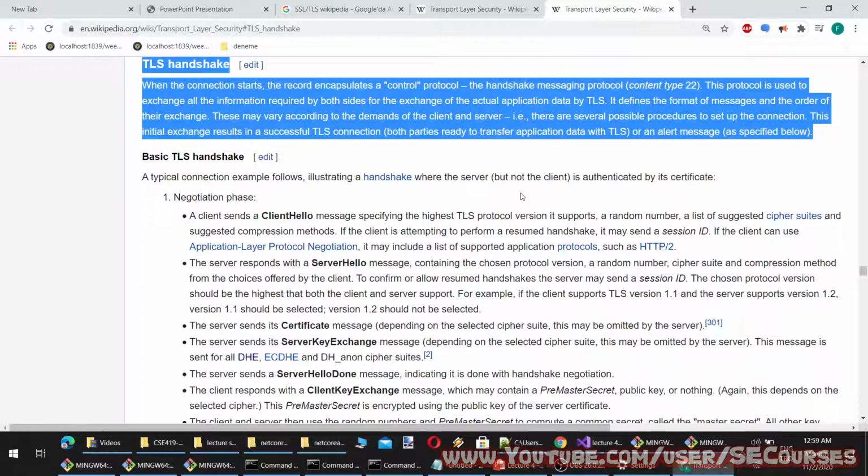It defines the format of messages and the order of their exchange. These may vary according to the demands of the client and server, i.e., there are several possible procedures to set up the connection. This initial exchange results in a successful TLS connection, both parties ready to transfer application data with TLS, or an alert message, as specified below.